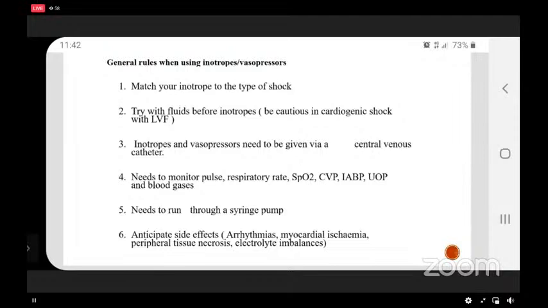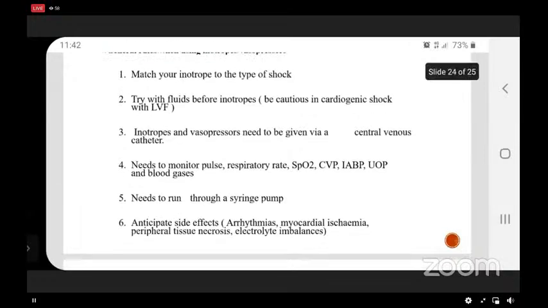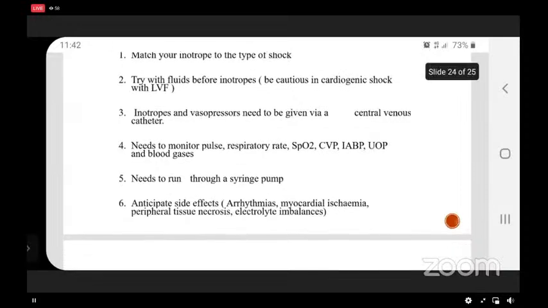So inotropes and vasopressors need to be given via central venous catheter, but practically in the ward setup or in other setups, you might be able to start in a peripheral line with a large bore cannula in a good large vein until you organize for a central venous catheter.